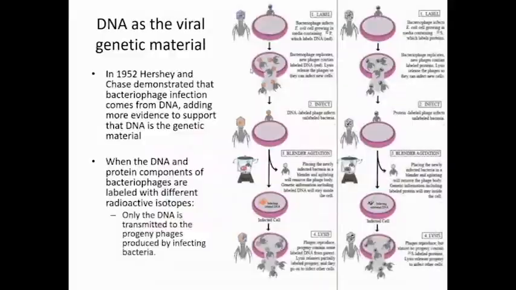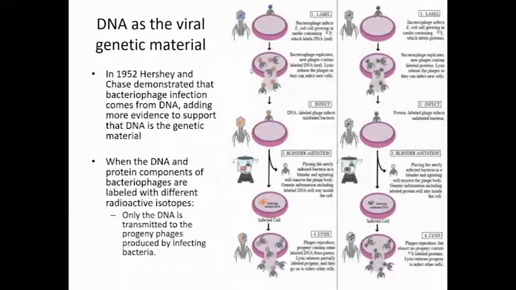Okay. And then also in 1952, the two scientists, Hershey and Chase, demonstrated that the virus, the bacteriophage, also uses DNA as a genetic material. So what they did is they grew the bacteriophage.